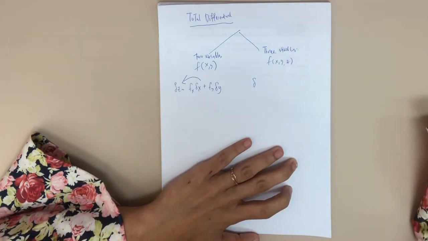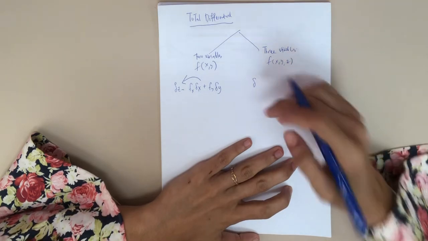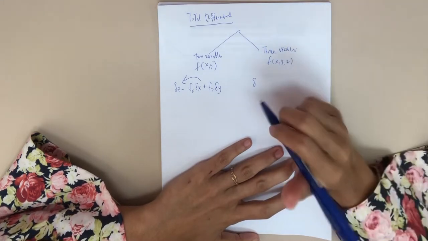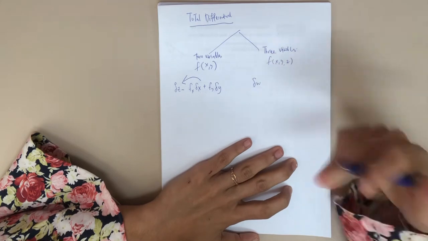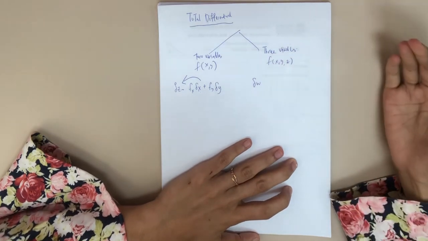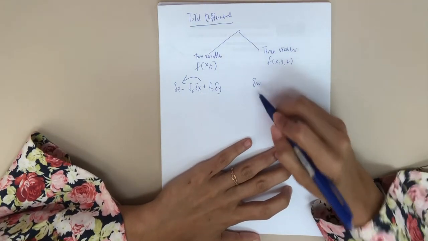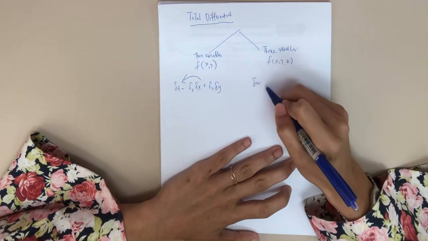For three variables, maybe we can use w, because z is already one of the variables. You can choose any letter, it doesn't matter. Let's say I use dw, the change of w.